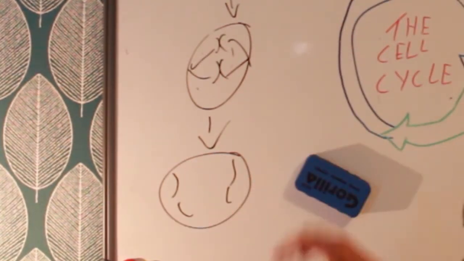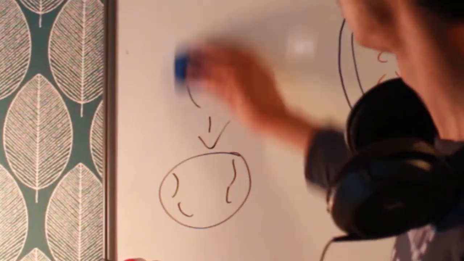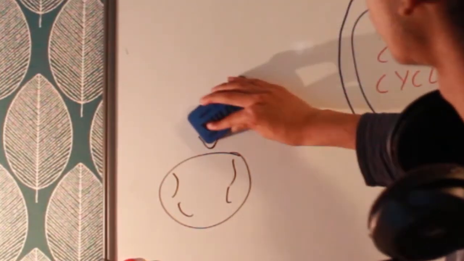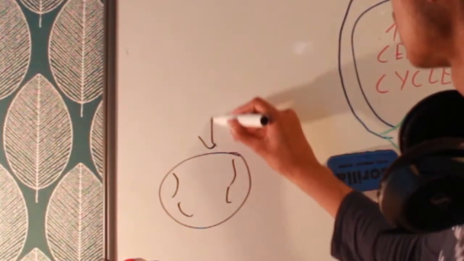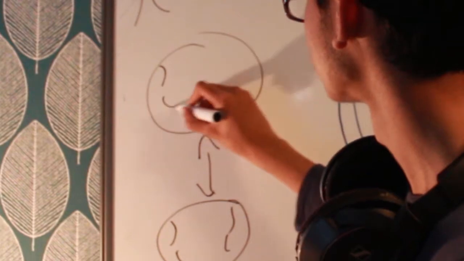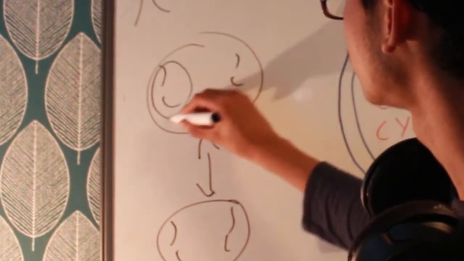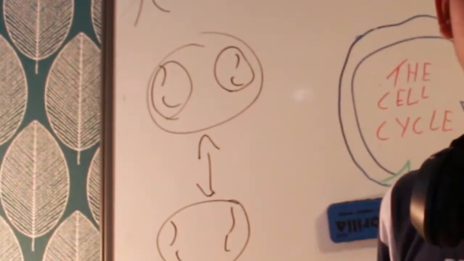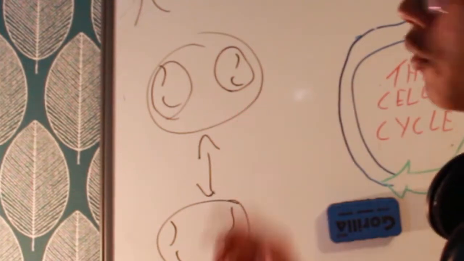Now, if I rub this part out because I don't have much space, we'll work backwards. Once this has happened, membranes start to form around each set of chromosomes. When chromosomes are here, a membrane forms around here, and another membrane forms around here. Now these are the nuclei of the new cells.